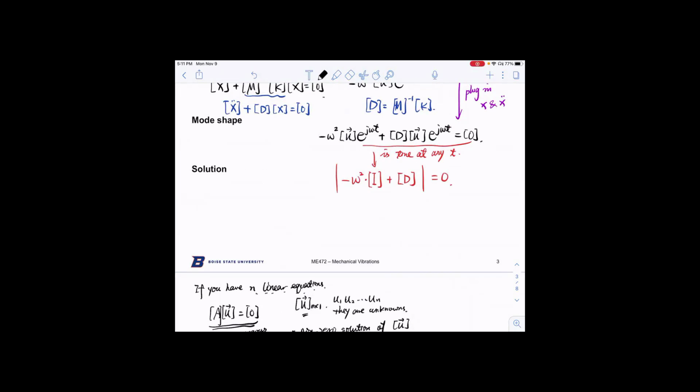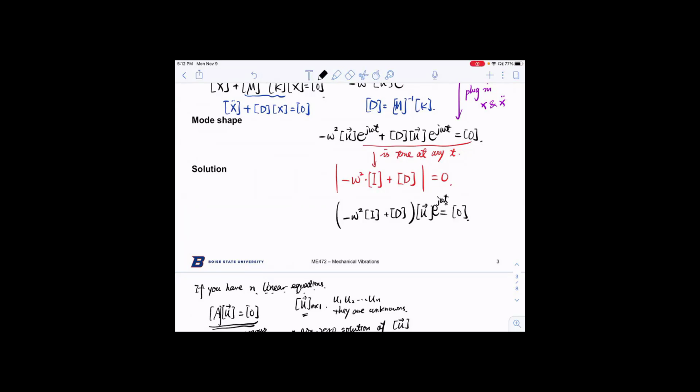If you look at the original equation, it can actually be written as (D minus ω² I) times U has to be 0, right? As I said, this is true for e^(jωt) at any time point t.